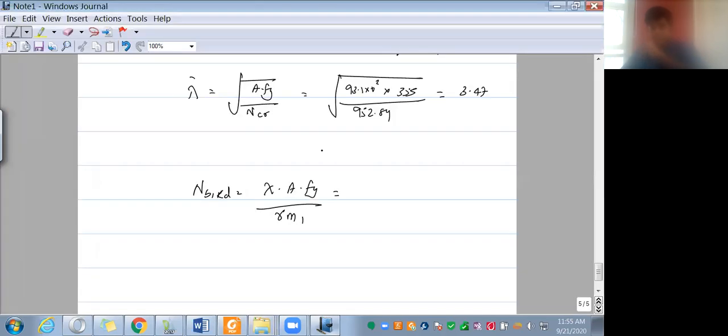So chi is 0.1, but you can get the accurate value of chi as well using the equations that we have seen. So that is 0.1 into A, which is equal to 93.1 into 10 to the 2, 355.